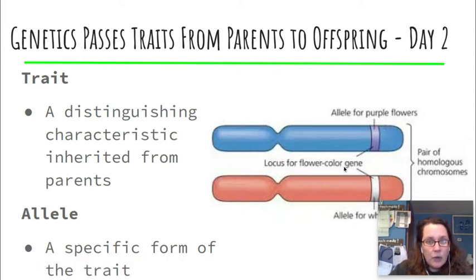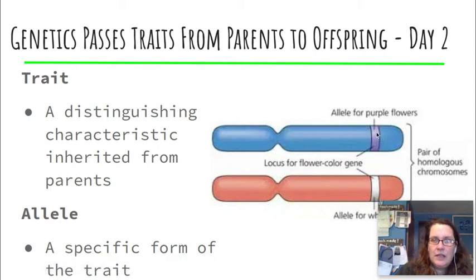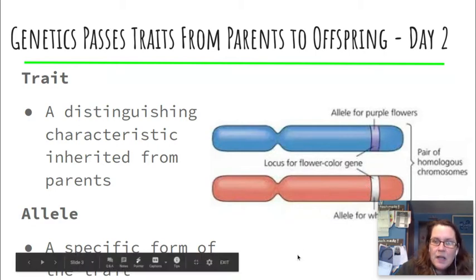One of them was flower color. The trait, the distinguishing characteristic that the pea plant inherited from the parent plants, was the flower color. What Gregor Mendel noticed was that there were purple flowers and white flowers on pea plants. So again, the flower color is the trait, and the allele for that trait is either purple or white.